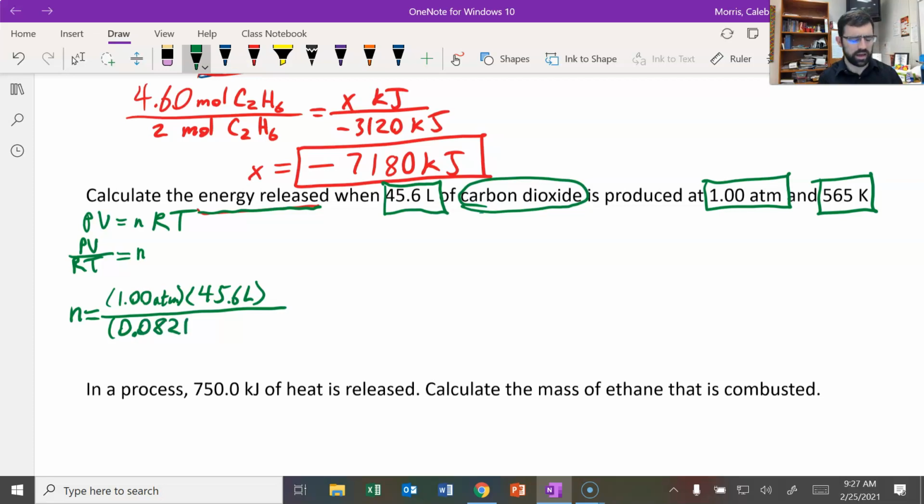I think on the AP exam it's actually 0.08206, but you're going to get really close to the same answer, and you wouldn't be counted wrong for rounding here. Liter atmospheres per Kelvin mole. And then temperature is 565 Kelvin.